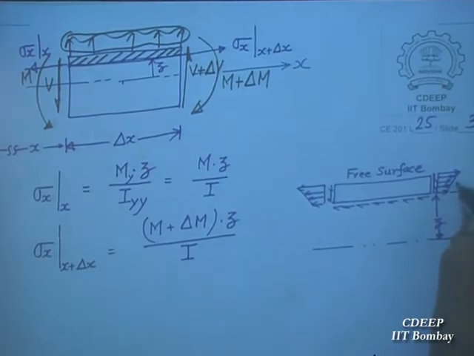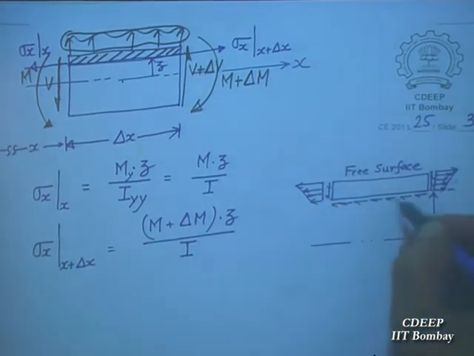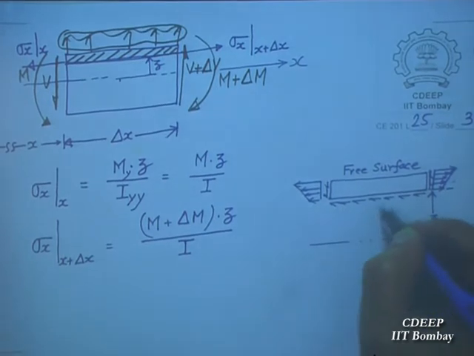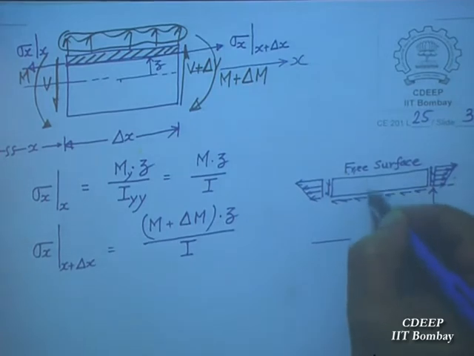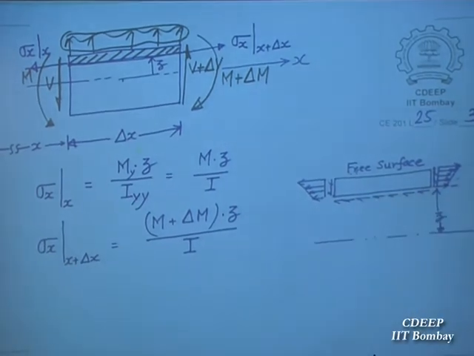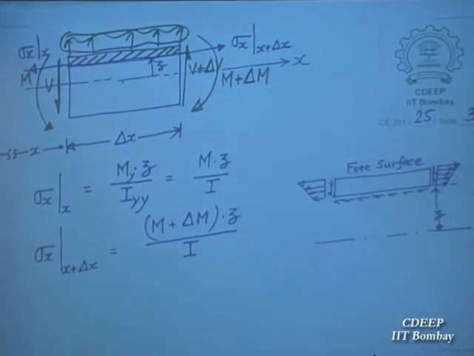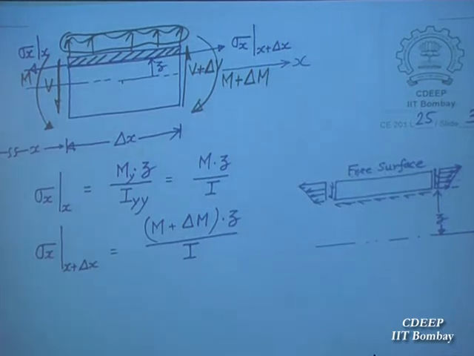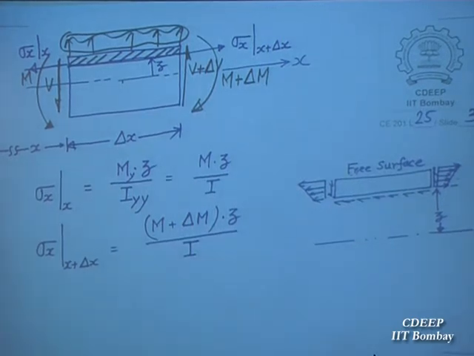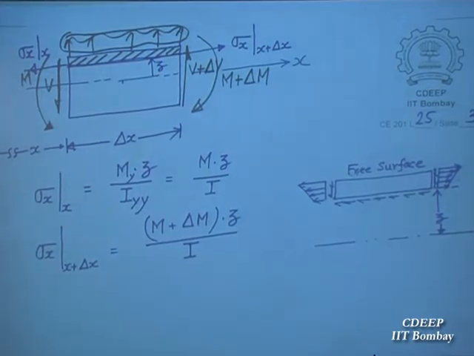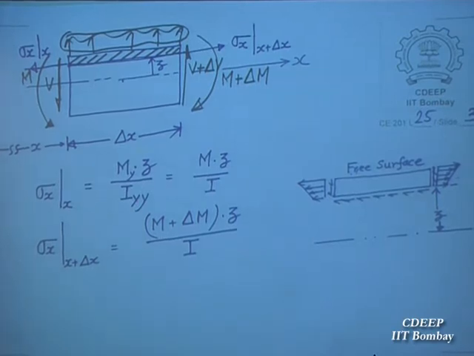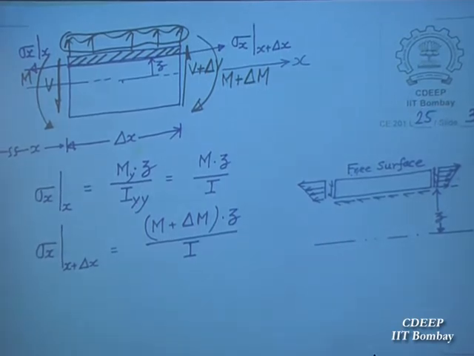This is sigma x. This is sigma x. So this one we are neglecting, that normal stress is a small quantity. Because here it is 0. So variation of that normal stress will be very small. So we are not taking normal stress. Sigma z is assumed to be equal to 0. Not exactly equal to 0, almost equal to 0. Because if you take exactly, there will be problem.